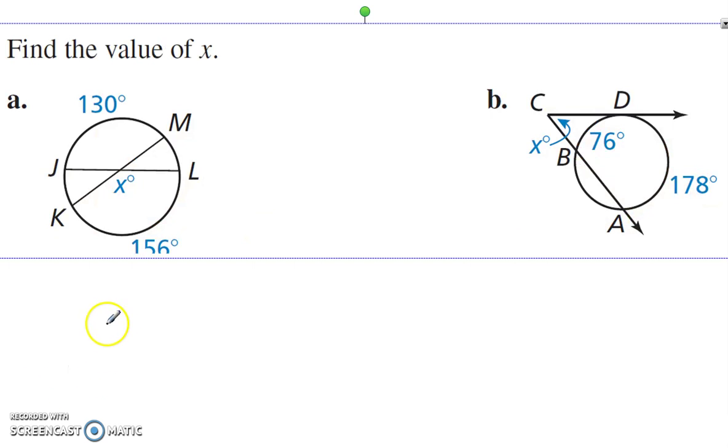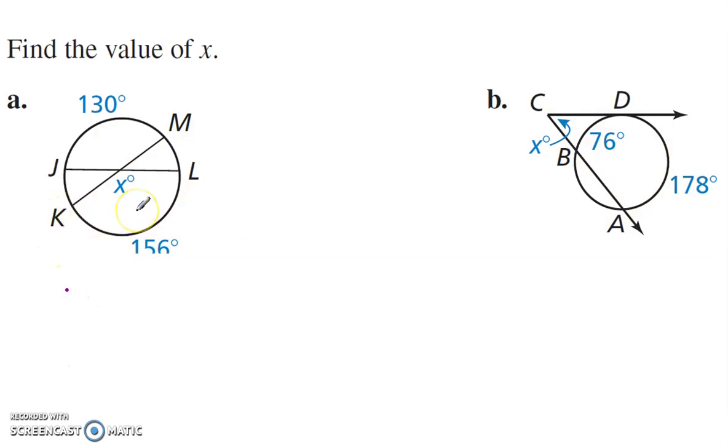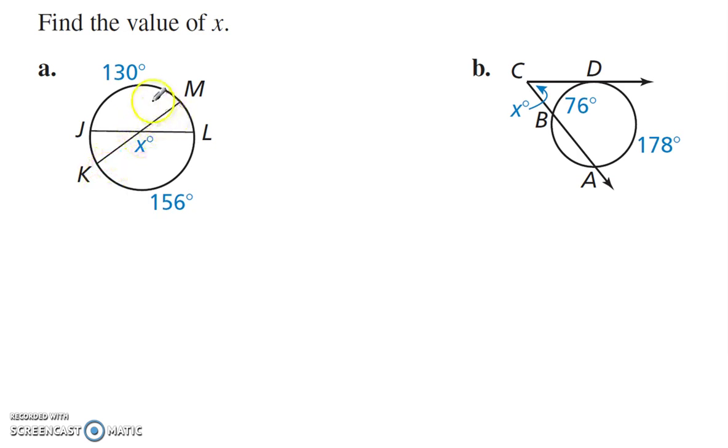All right. A couple examples here. I want to find x. I know that these two are 130 and 156. So 130 plus 156, and then I'm going to divide that by 2.